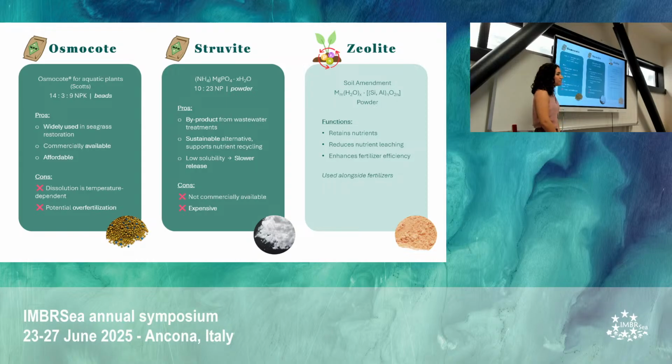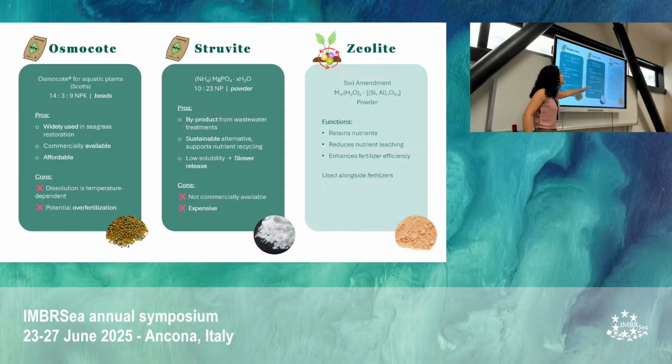What do you think is the key benefit that osmocote has compared to the other fertilizers? Is it a difference in the nutrients or what else? So, as we saw, osmocote, even though from some papers it didn't seem to have many benefits, in my experiment was really beneficial for the plants, even though they were going into the senescent period.